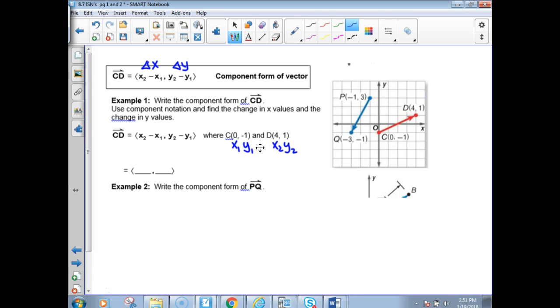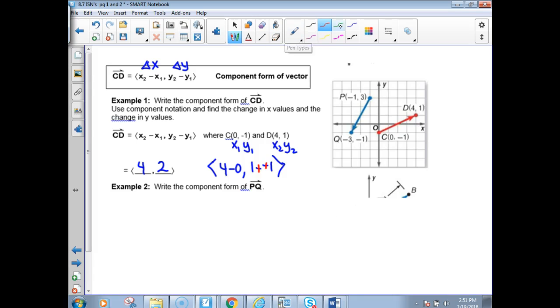To do component form, you subtract your x's and y's, but you start with the tip. So this would be 4 minus 0 for your change in x, and 1 minus -1 for your change in y. So what we get from that is 4, 2, because 1 minus -1 ends up being 1 plus 1.